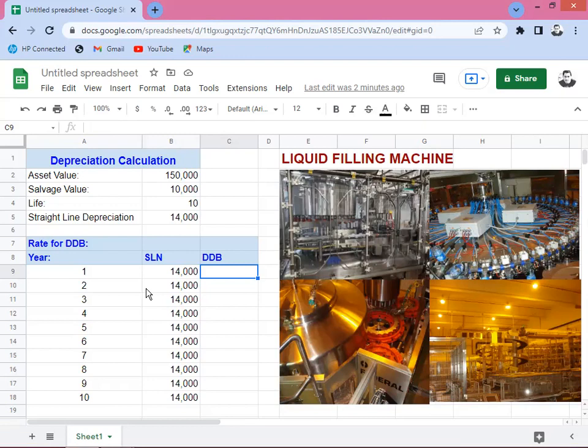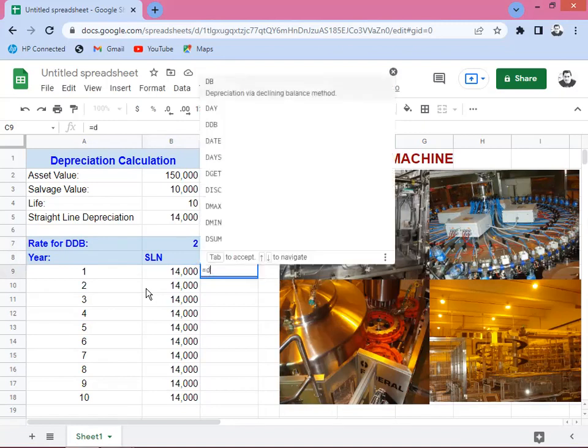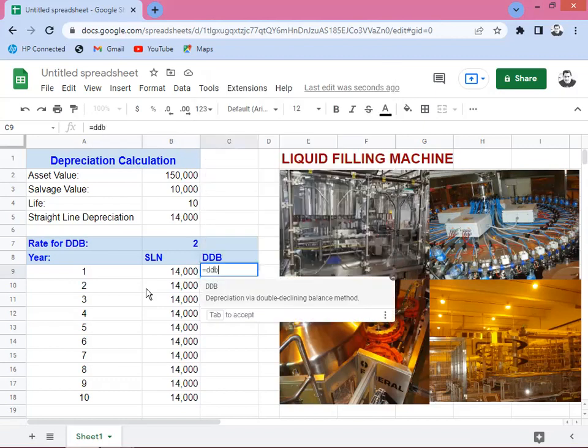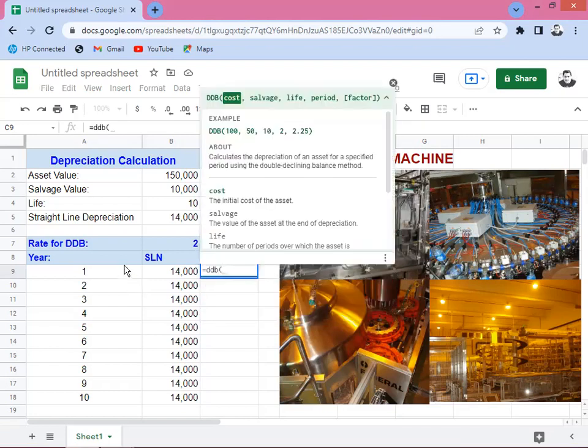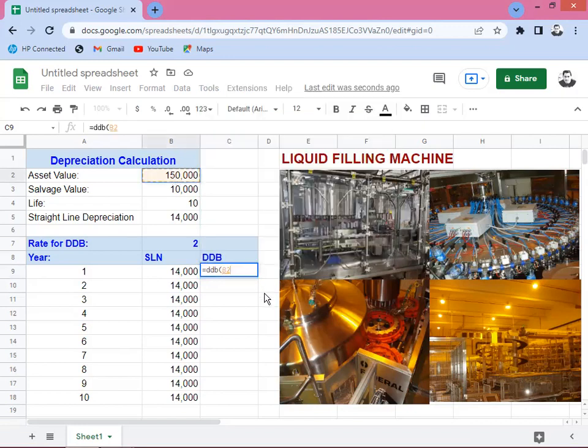So, okay, we're going to get it, but first we're going to get the rate for DDB, which is a factor of two. Then I'm going to use the DDB function. DDB is the double declining balance function. Then open parentheses, and the first argument is the 150,000, the acquisition cost.